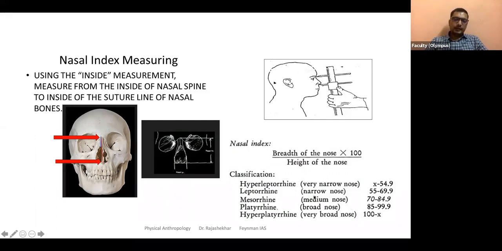Basically the idea is narrow versions of nose, medium version of the nose, broad version of the nose, and those at the extremes are very narrow, very broad: hyperplaty and hyperlepto.